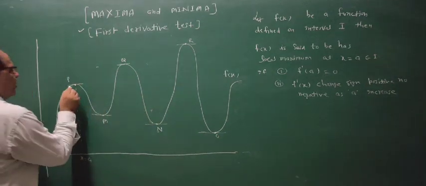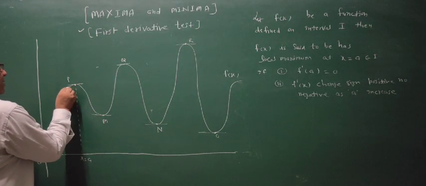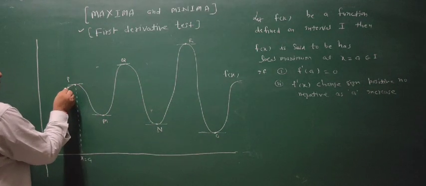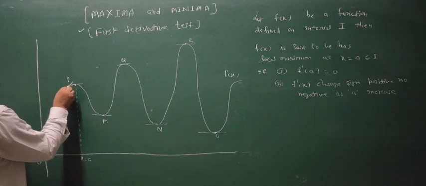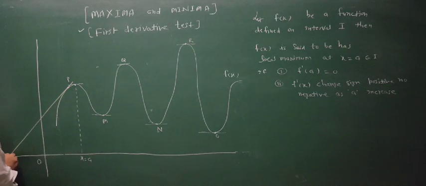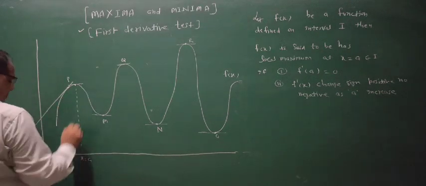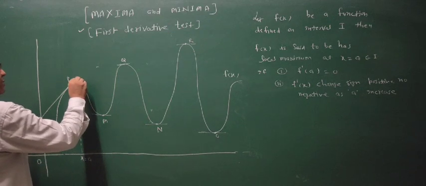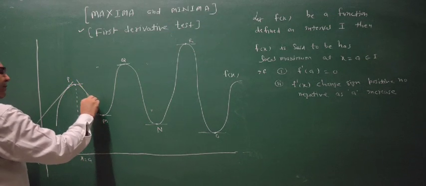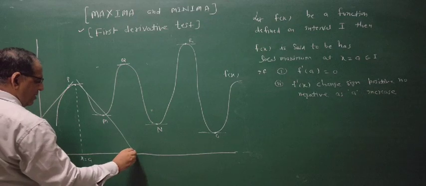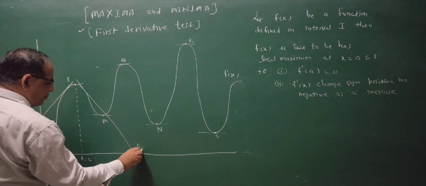That means suppose I take one point before x equal to a, and draw a tangent. This is the tangent, and it makes angle theta 1. Here tan theta 1 is positive because theta 1 is acute. Just after x equal to a, I take another point and draw a tangent, making angle theta 2.